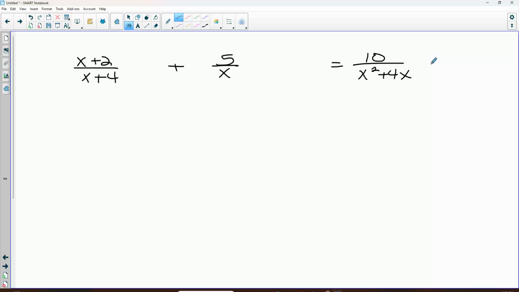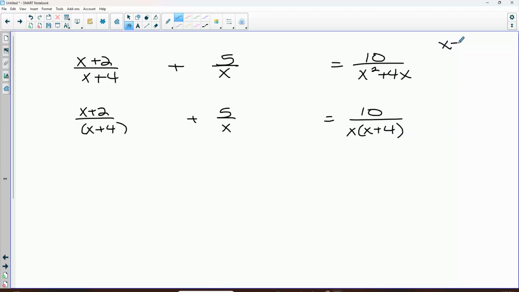All right. What would I need to do first? Factor. Right. We always want our denominators to be factored so that we aren't multiplying by more than we need to. What can x not be on this problem? Anything else? 0, since we have a plain x in the denominator.